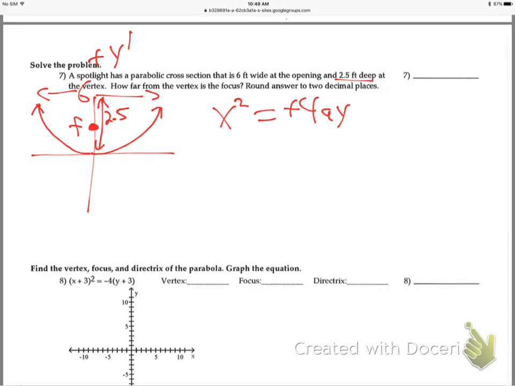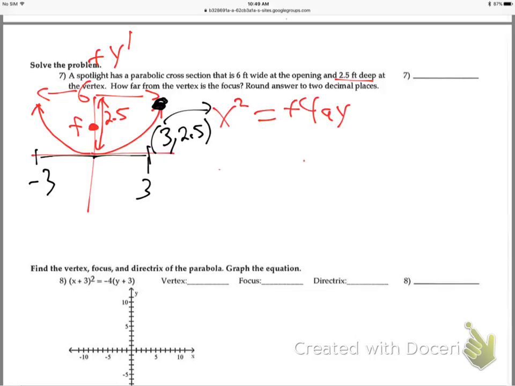All right, so we've got to find a. What do I do to find a? I've got to know this point here, right? What's that point? Over 3, up 2.5, because it's 6 total. So this is 3 and this is negative 3. So it's over 3 up 2.5, this dot right here.